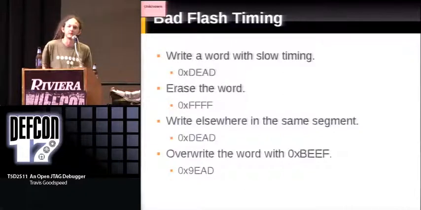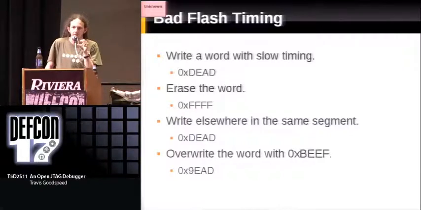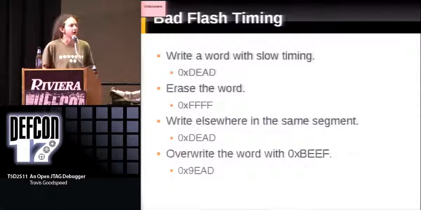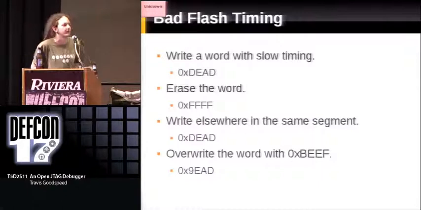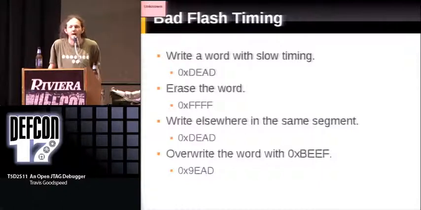On the MSP430X2, which is the very most recent chip from Texas Instruments, you can actually kill the last word of flash memory. Not quite the last, but near the last, which controls JTAG access. So I can take an MSP430 and I can damage a word of its memory, and then there's nothing that you can do to that same chip to lock me out of JTAG.